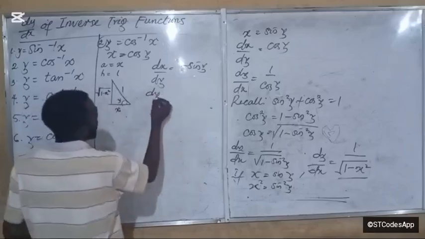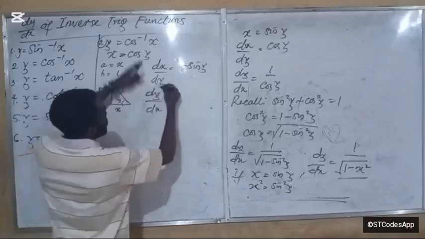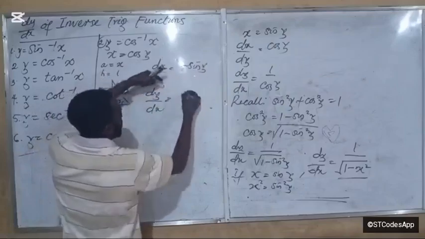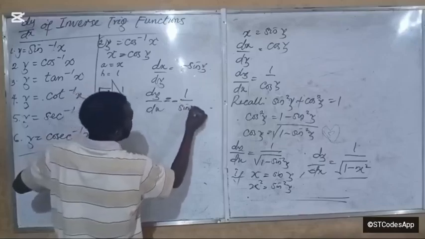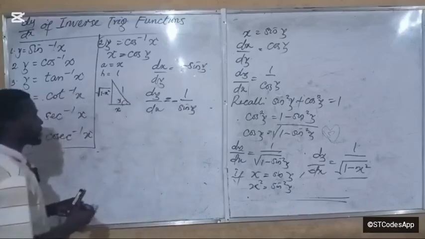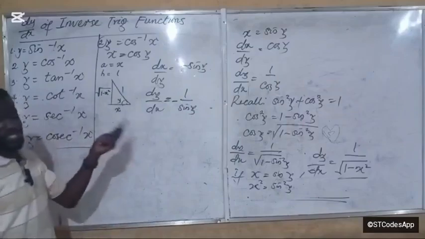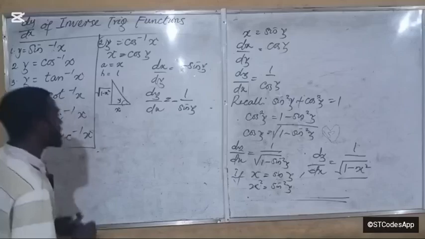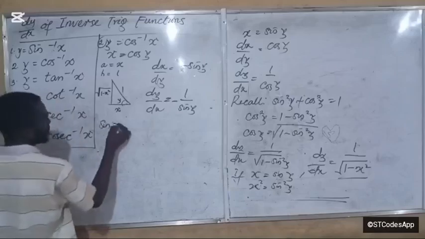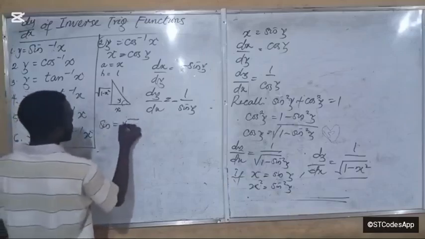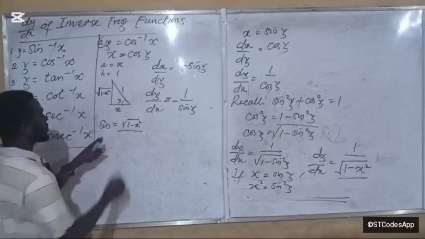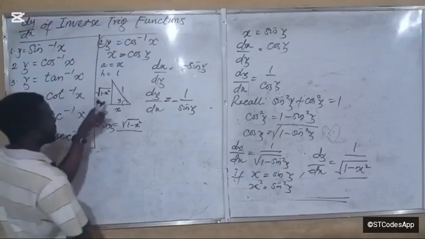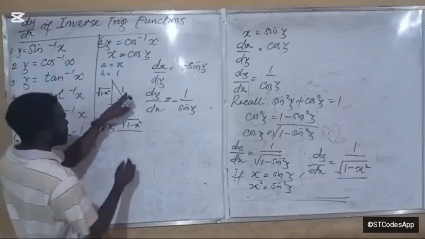So that dy/dx, here we are turning it upside down, we also turn this upside down, negative 1 over sine y. Okay, so if this be the case, remember that sine is equal to opposite over hypotenuse, so sine y will be the square root of 1 minus x squared over 1.